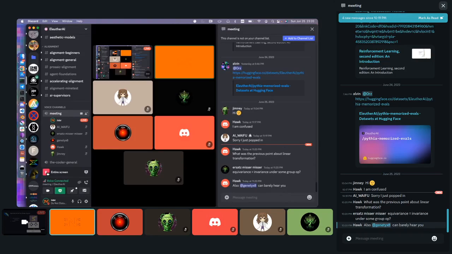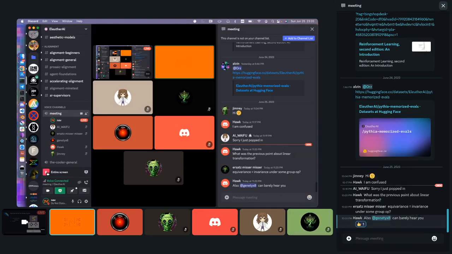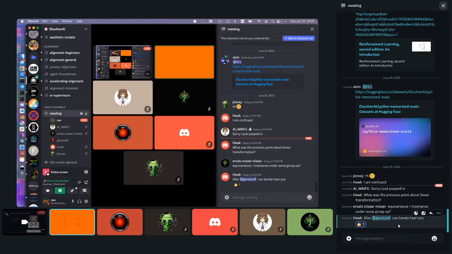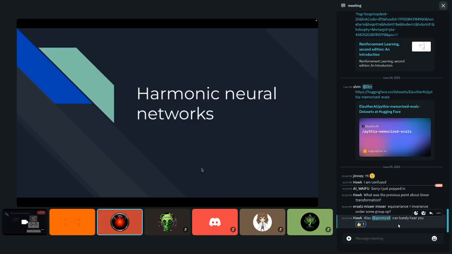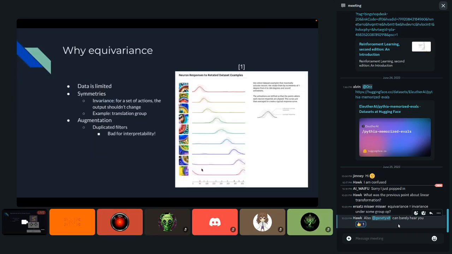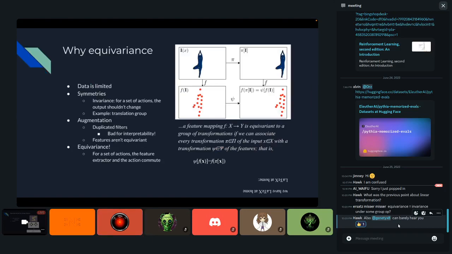It's more that they apply to different kinds of functions. Invariance is a stricter condition. Invariance means that when you apply any transformation from a group to our inputs, you will get the same output out of the function. Maybe if you go back to the slides on equivariance, that might be clearer.